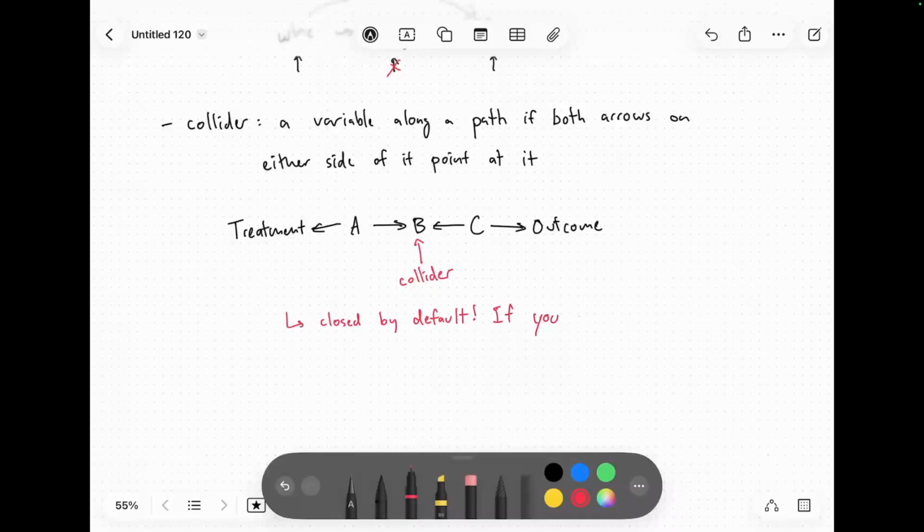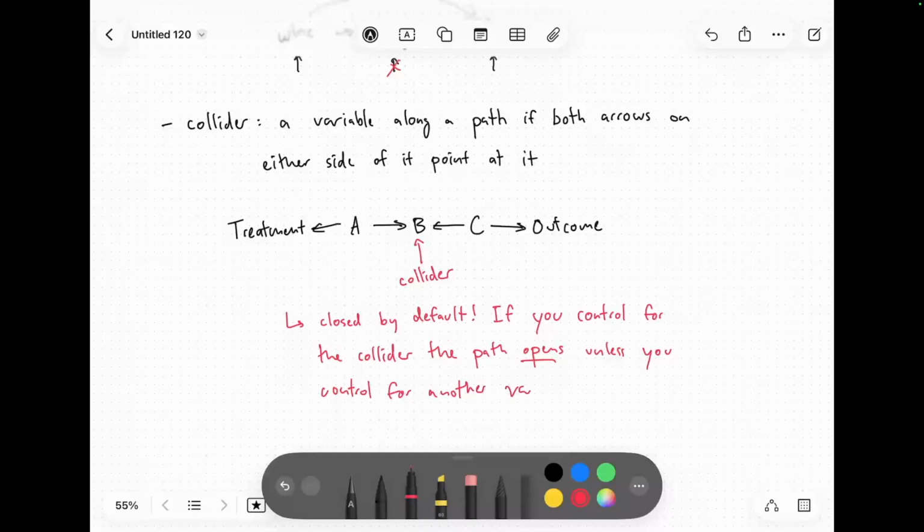If you control for the collider, the path opens, unless you control for another variable in the path. Okay?